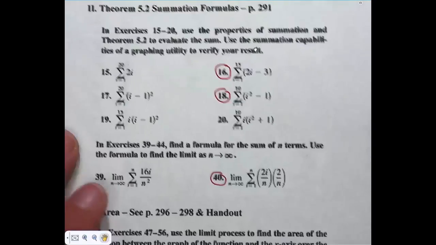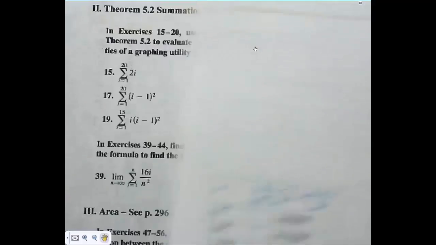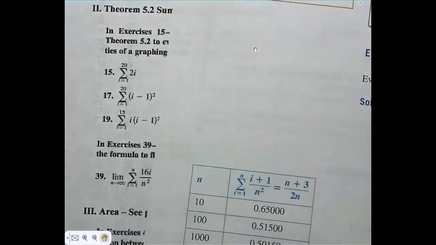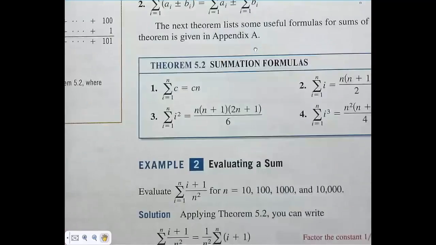We have some summation formulas on page 291. I was looking to see if there was a little blurb about Mr. Gauss in here. I don't see Mr. Gauss's name anywhere. I can't even think of his first name right this minute.